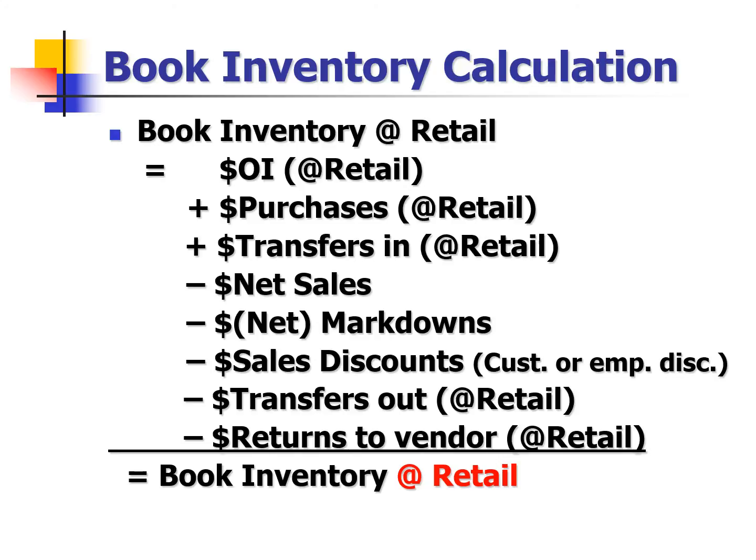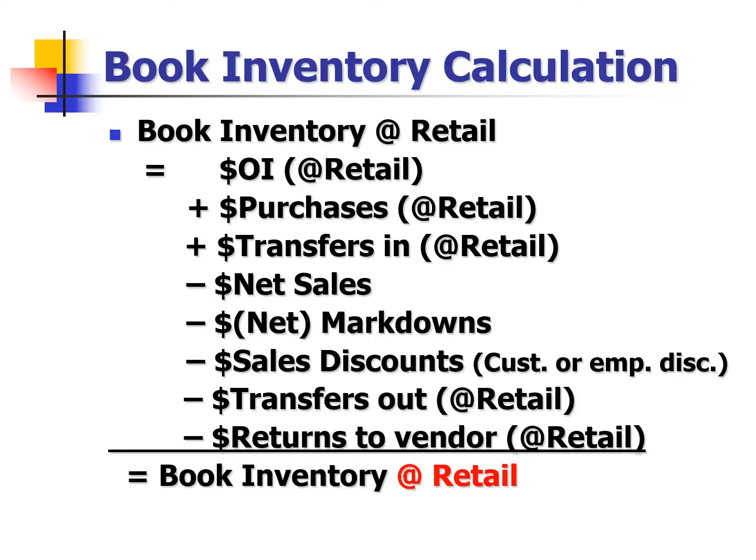Say we have a certain amount of opening inventory at retail value, and then you add any new purchases you have made, again at retail value, and any transfers in from another store that you have received. You add those to your book inventory. That's an increasing factor, right?